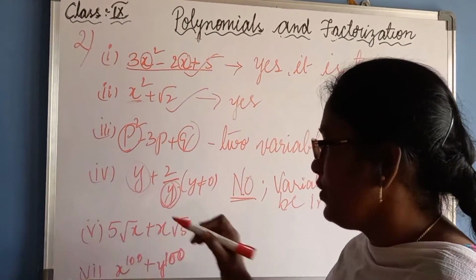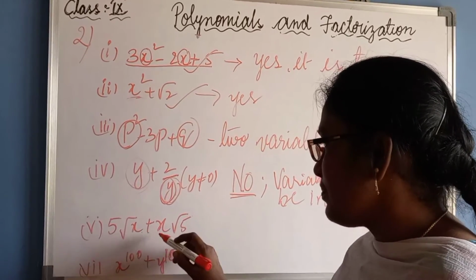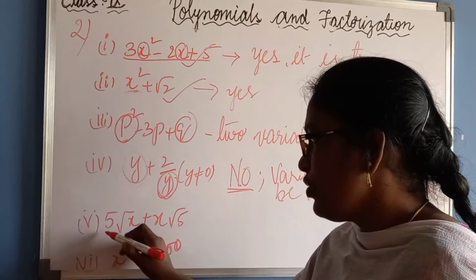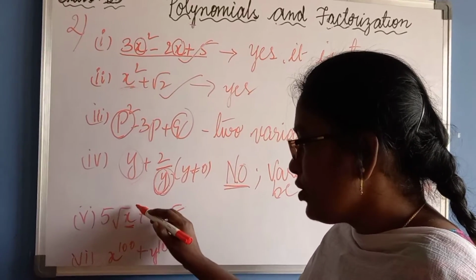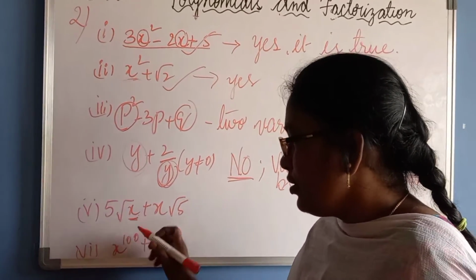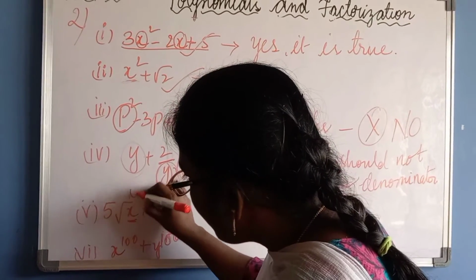Now coming to the fifth one, 5 root x plus x root 5. The variable over here is to the power of 1 by 2.